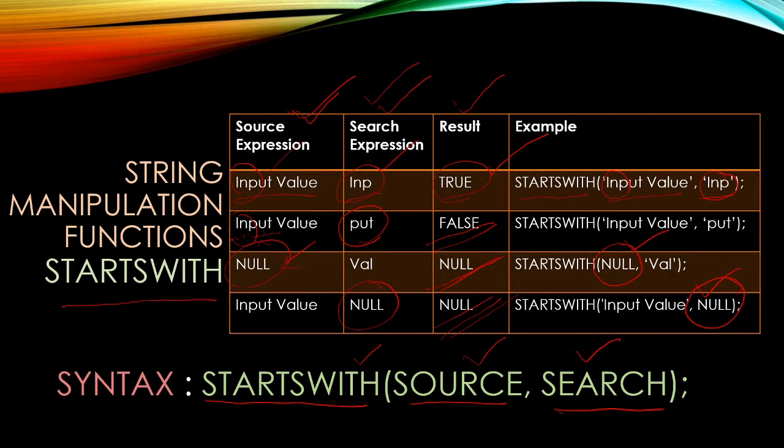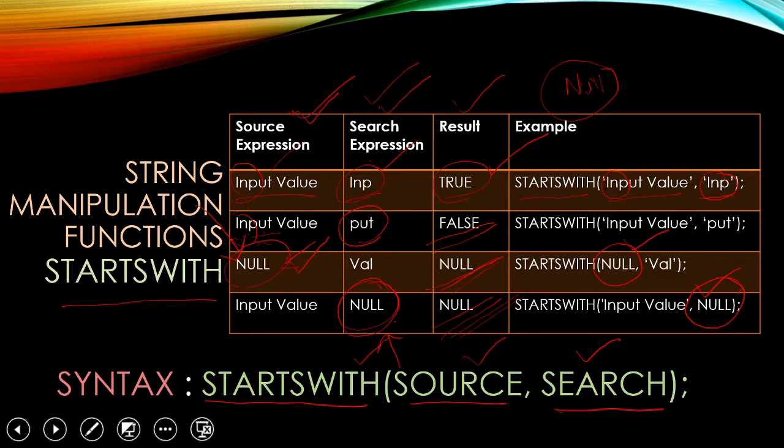If you are familiar with variables and taking values from inputs, sometimes the input values might come as null. So whenever we fetch values from input, we might get null values for the source expression. Even for the search expression, we might get it from a database to compare with the input message value. In those cases, either of these combinations might occur and the result will be null. For STARTSWITH, I'm going to show the implementation at the end of the video.